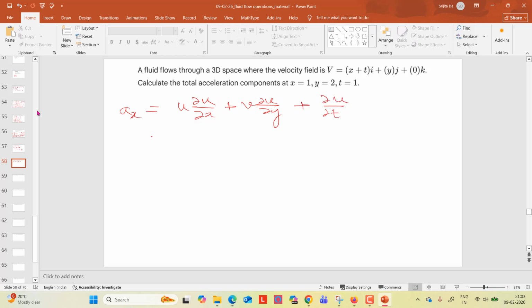The u component is x plus t, so u is 2, del u del x is 1, v is y, that is 2, and you don't need the z component, it is 0.